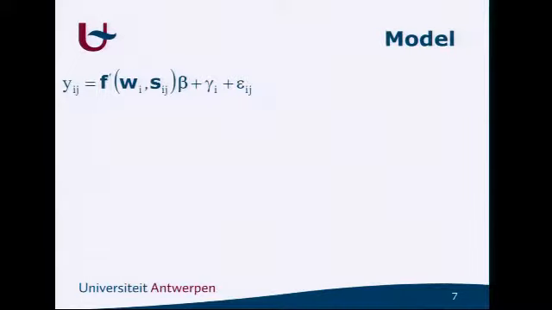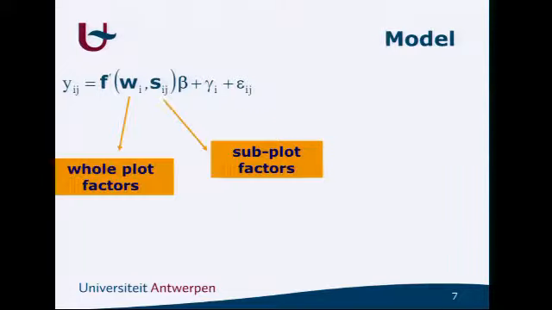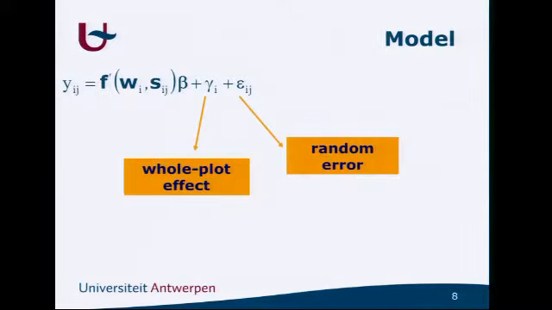And then on top of that, we have the subplot factors, the experimental factors that we apply to the individual runs, and these have two indices to emphasize that their levels are set independently for every run. So these are the whole plot factors, the W's, and the S's are the subplot factors. And we still have gammas and epsilons, which now get different names when we talk about split plot experiments.